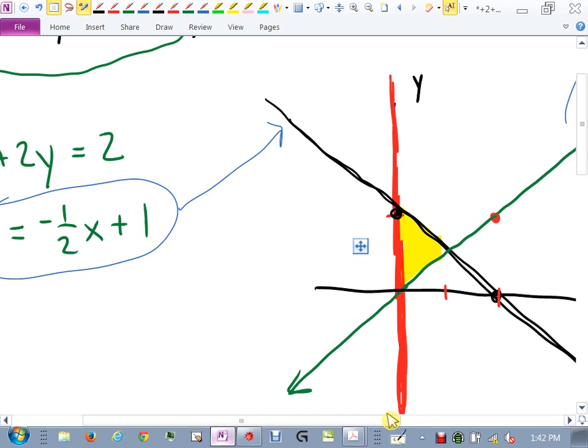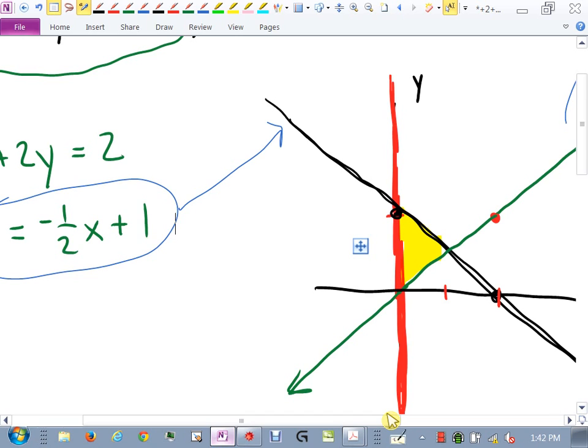But as I look at the x values, the x value is stuck between that line and then this line, right? But when I get to about right there, now I switch to a different line, don't I? So you would have to look at that as being two separate type 2 regions. You'd have to set up two separate double integrals if you look at it type 2.